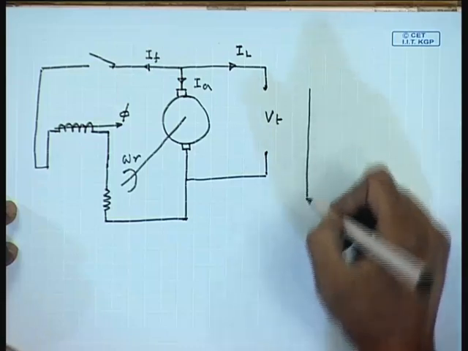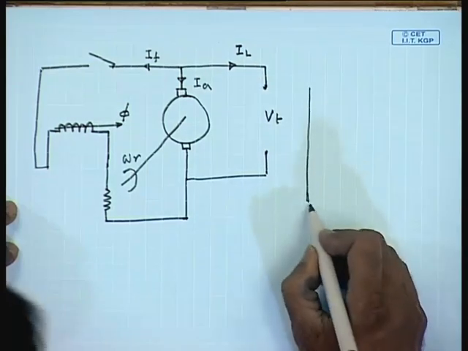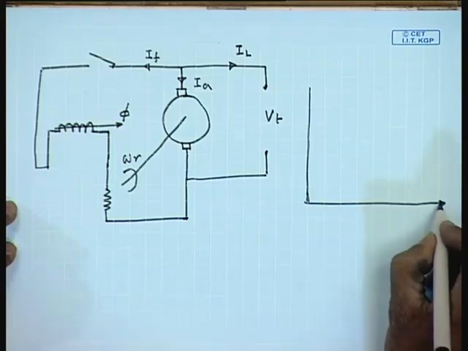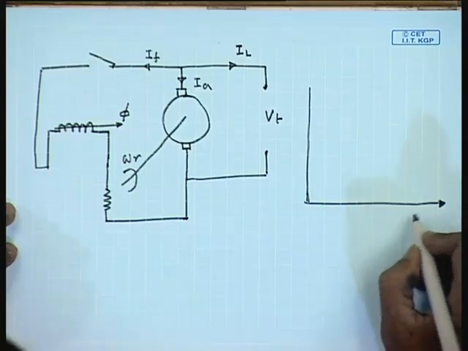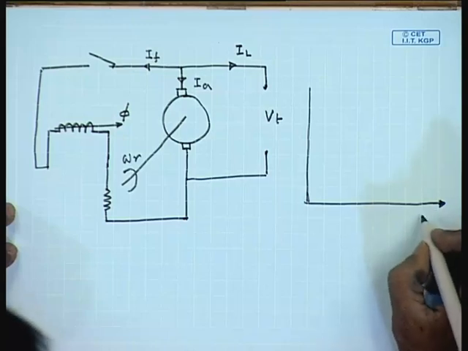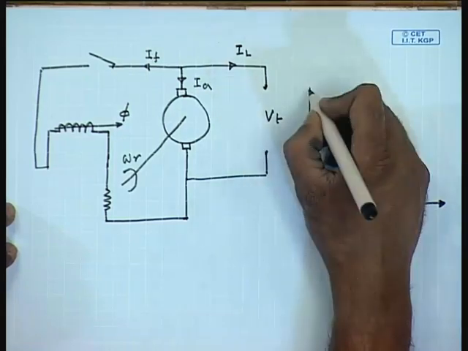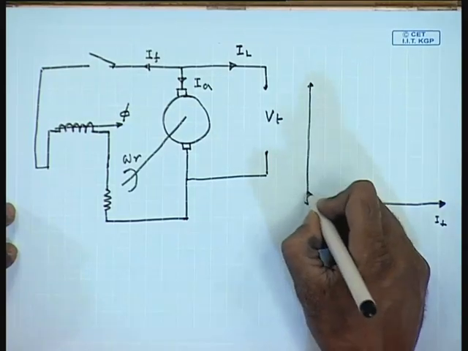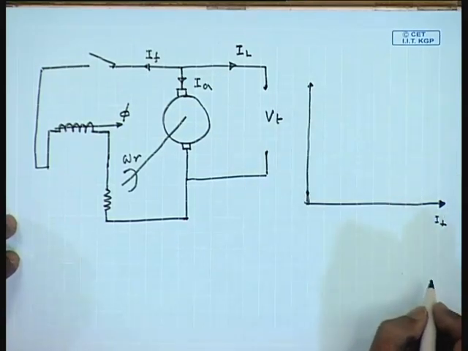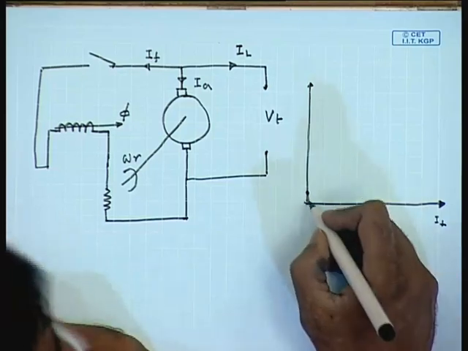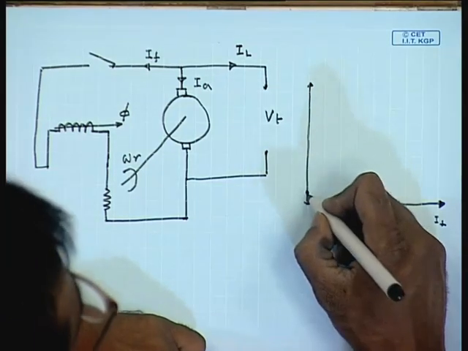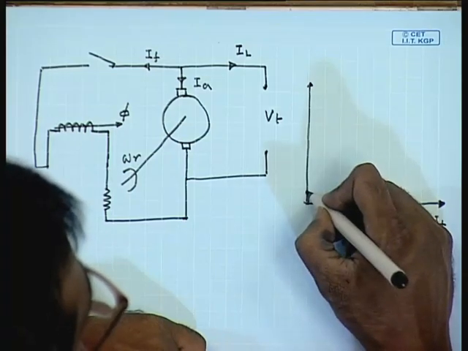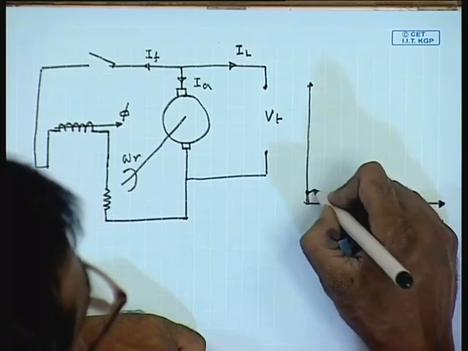With the field open, if the generator is run at rated voltage at rated speed, initially the field current is 0 and the generated voltage will be equal to the residual voltage, and if field current flows, then the generated voltage will follow the OCC of the separately excited machine.